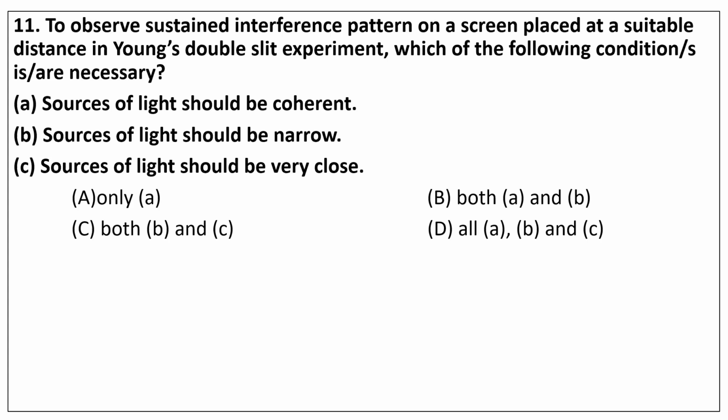11. To observe sustained interference pattern on a screen placed at a suitable distance in Young's double-slit experiment, which of the following conditions are necessary? A. Sources of light should be coherent, B. Sources of light should be narrow, C. Sources of light should be very close.